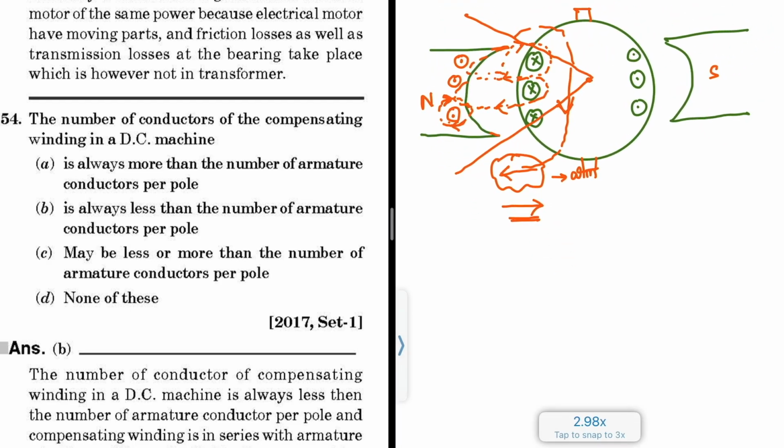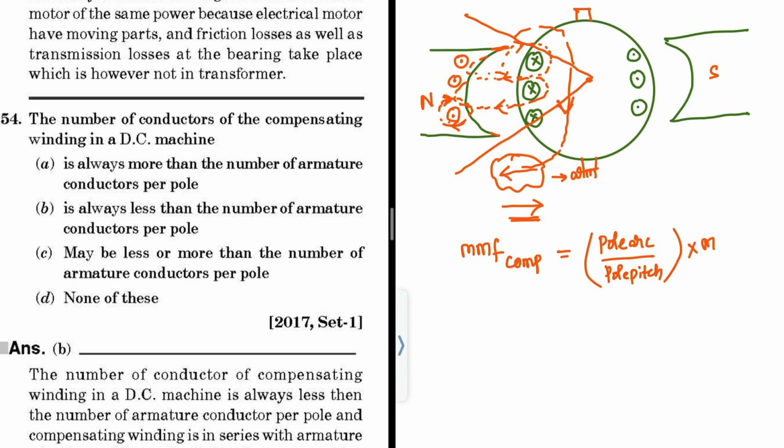So the MMF provided by the compensating winding is equal to pole arc by pole pitch into the MMF provided by the armature winding per pole. So this factor is always less than 1. MMF is N into I, so N of the compensating winding is in turns.